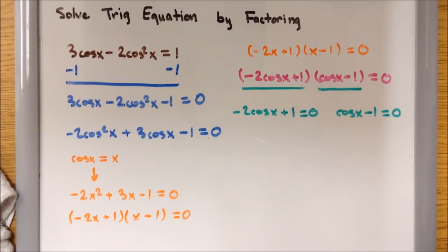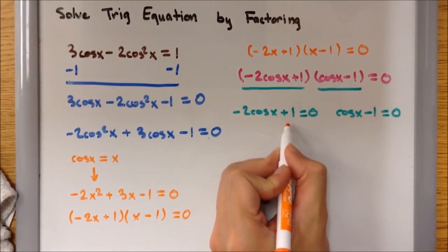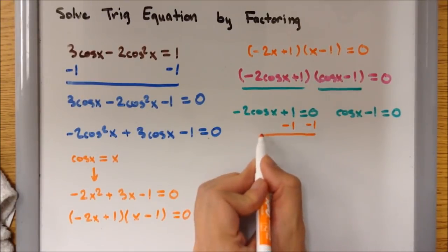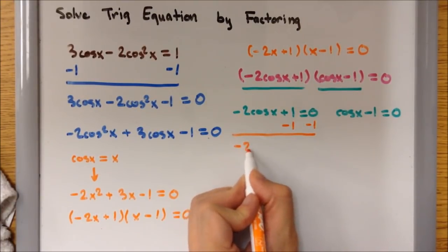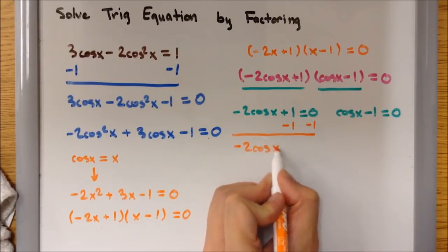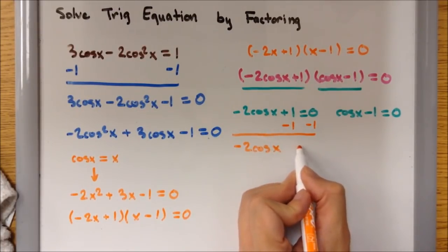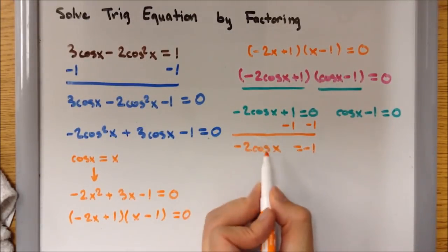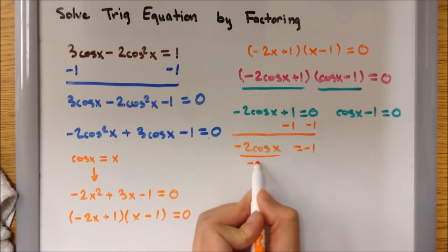So from there, we're going to work with negative 2 cosine of x plus 1. What I'm going to do is I'm going to cancel out the plus 1 so that I can get negative 2 cosine of x to be by itself. So negative 2 cosine of x will equal to negative 1. And then I'm going to divide both sides by negative 2.